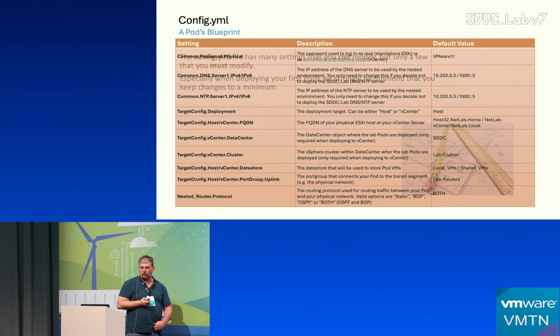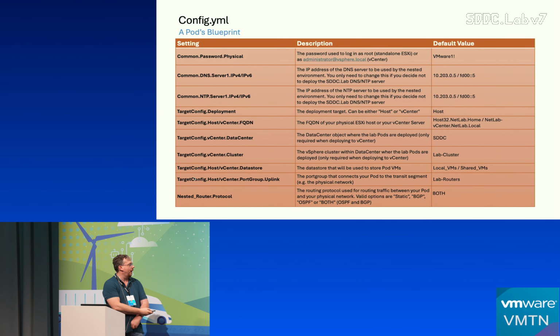So there are a couple of settings that are essential. I would say that those 10 settings here are the ones that you probably need to modify. You have a password on your physical ESXi host or your vCenter server. We don't know what that password is, so you need to enter it in the configuration file. You might have an upstream DNS server that you want to use, or you use the pod provided DNS server, in which case you don't have to change anything here.